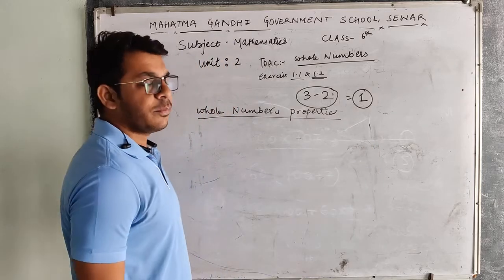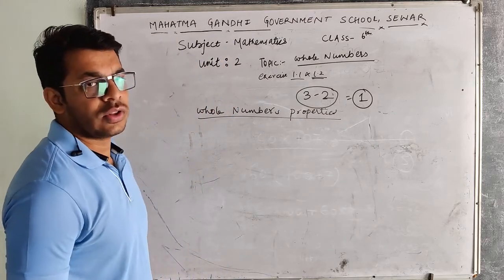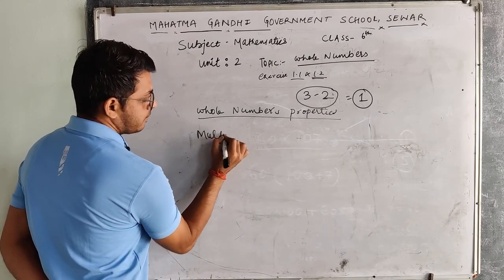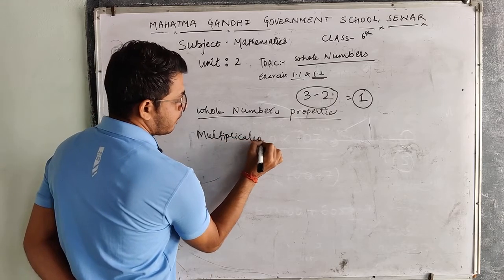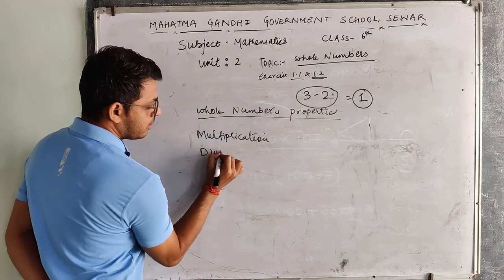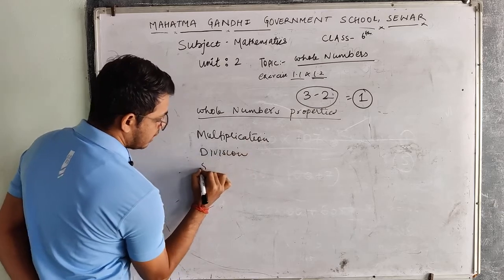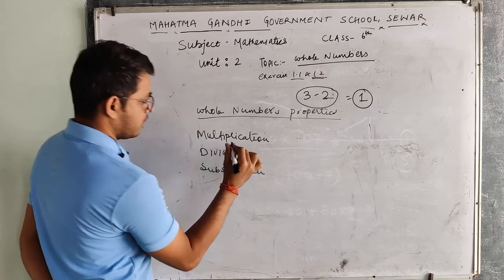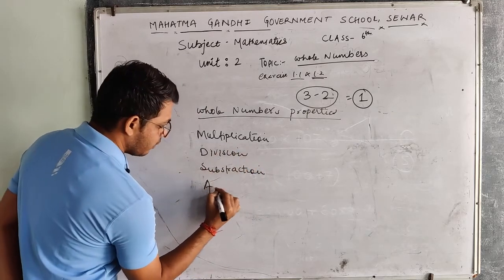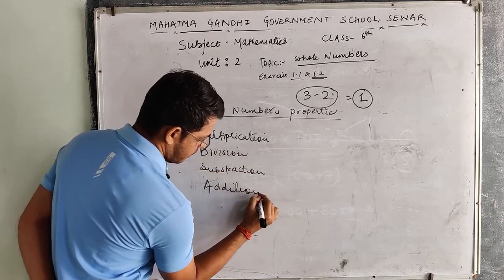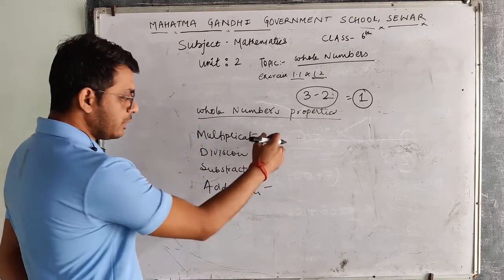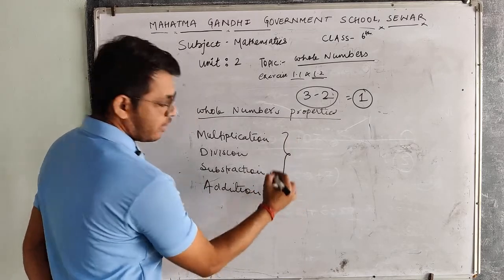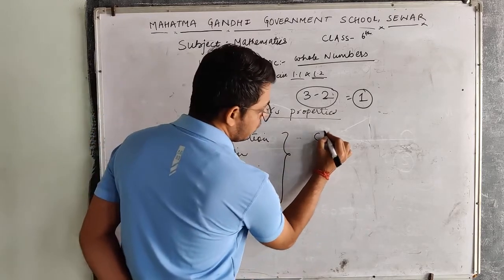Whatever the number is, we identify these numbers on the basis of 4 parameters: multiplication, division, subtraction, and addition. And these 4 parameters are identified through different properties. What are the properties? The first one is the closure property.